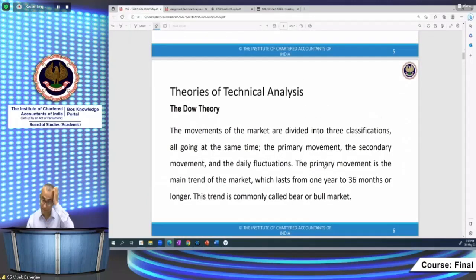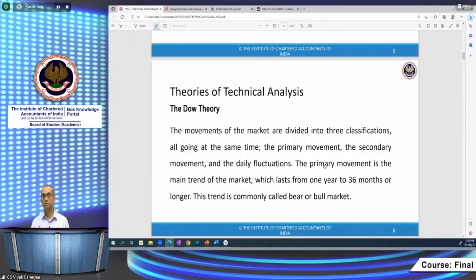Now come to the various theories of technical analysis. The first very important theory is the Dow Jones theory. Dow Jones is actually called the father of technical analysis, and he has divided price movements into primary movement, secondary movement, and the daily fluctuations, as given in the slide also.